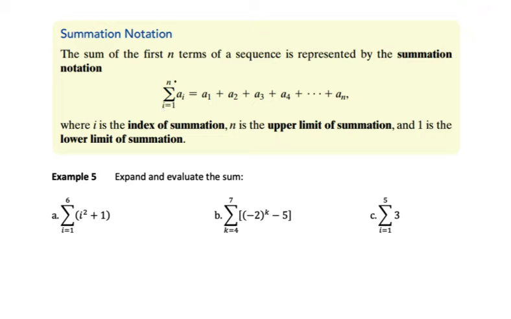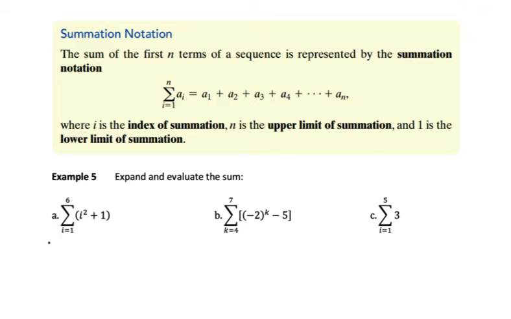And then there's going to be a number at the top of the sigma. This tells you what numbers you're plugging into the formula. You're plugging in all of the numbers from the bottom number up to the top number. You plug those numbers into the formula that comes after the sigma, then you add all of your answers together.